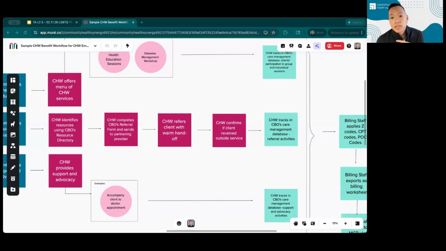For CHW services, while the rate is not as fabulous, $26 ish per half hour, for some, it's sufficient. For some, it's not enough to cover the salary and overhead and things like that.